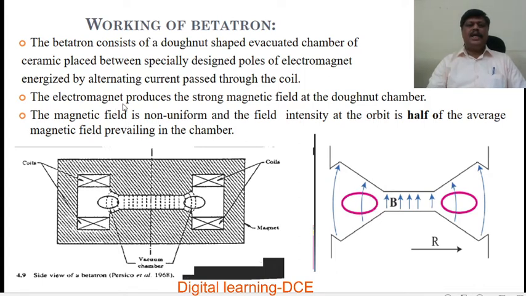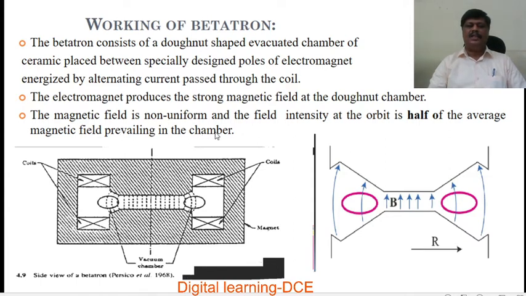The electromagnet produces a very strong magnetic field at the donut chamber. The magnetic field is non-uniform and the field intensity at the orbit is half of the average magnetic field prevailing in the chamber. That is very, very important.